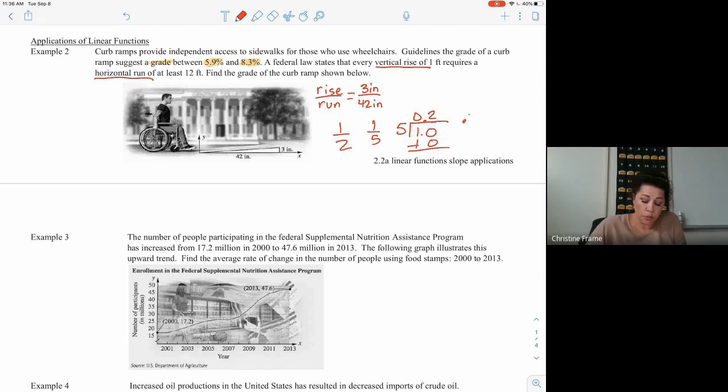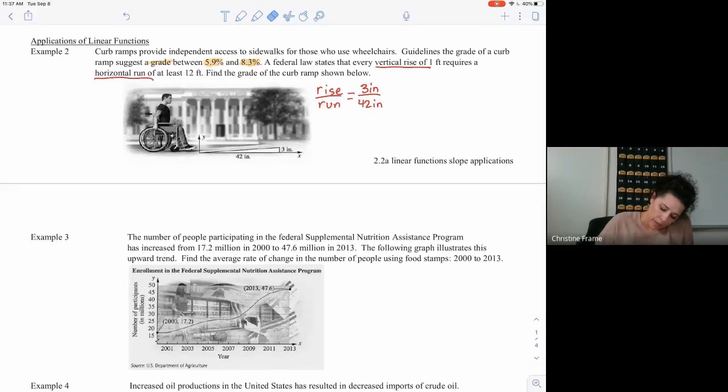So that's 0.2 times 100. That would equal 20%. 1 is 20% of 5. So when I'm asking you to give me this grade, this ramp grade, I'm just asking you to divide.